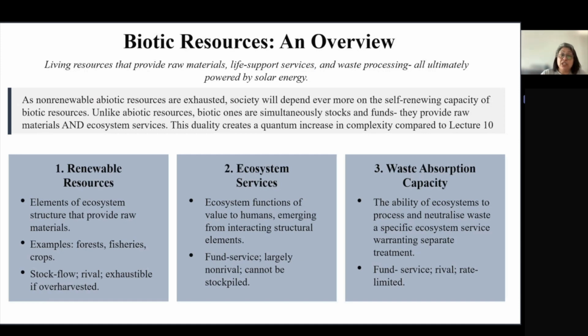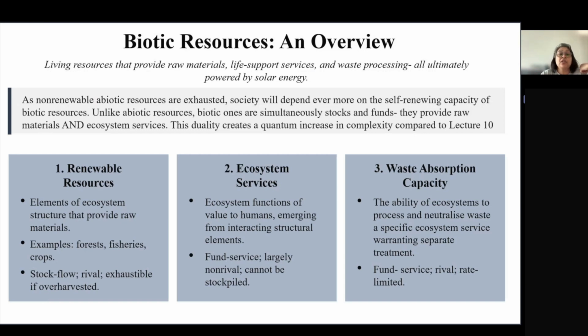It provides raw materials and ecosystem services at the same time. So if you overuse them, it affects both. You use a forest as a resource, and it also acts as a fund for you, right? Because it has the capacity to absorb CO2, for example. That duality is what makes the analysis so much richer and the policy also so much harder.